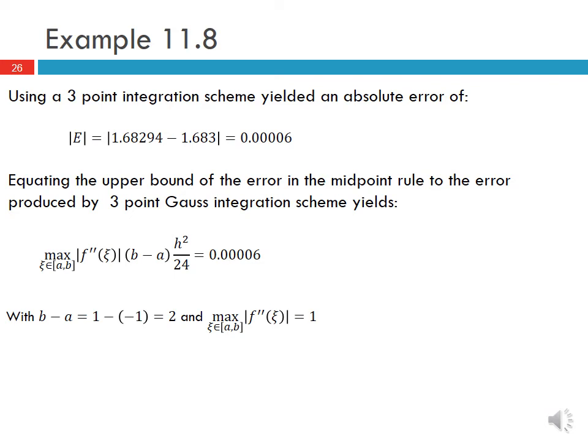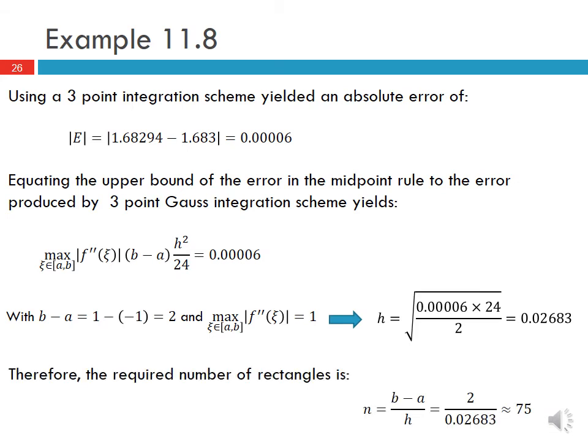We know b minus a is equal to 2, and the max of f double prime of c would be equal to 1 for this function. That means h is equal to 0.02683, which means that the number of required rectangles is approximately 75.